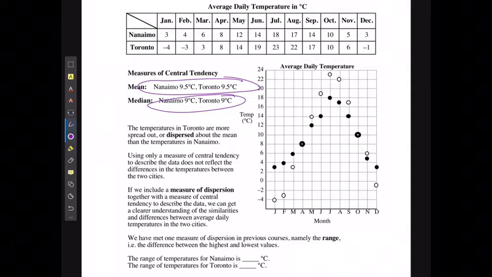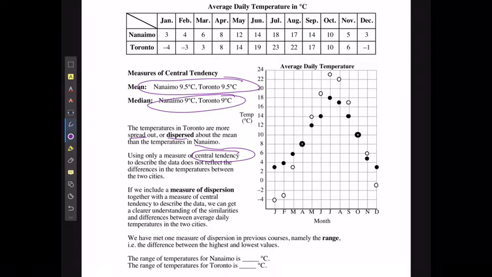Now, the measures of Toronto are more spread out, or more dispersed, than the measures in Nanaimo. Using only central tendency, so the mean, median, and mode that we were using in the last case, to describe the data does not reflect the differences in the temperature between the two cities.